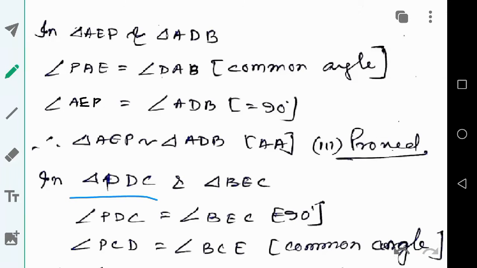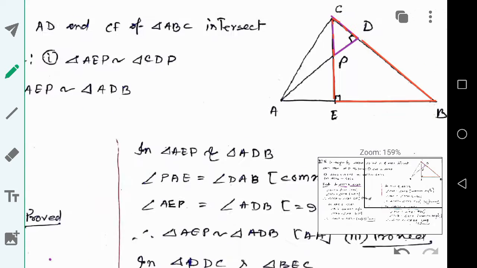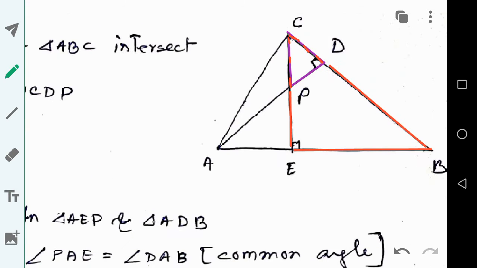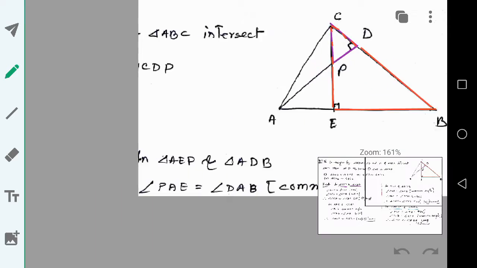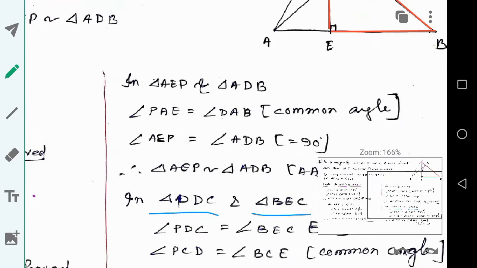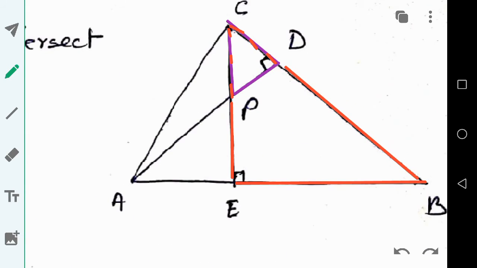Now in these two triangles PDC and ABE, if you observe the diagram, okay, this is PDC, this one is PDC, okay, and BEC is this one, okay, BEC, okay, this is BEC.